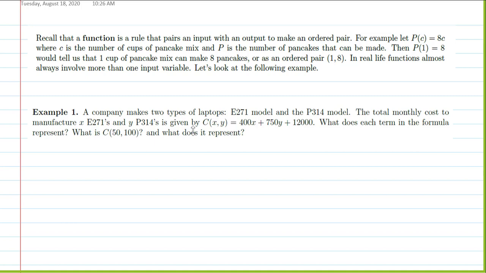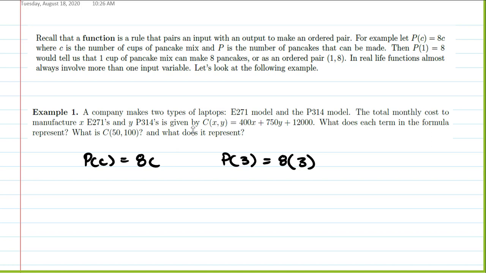So similar to our previous function, if I had P of C, which equaled 8C, as we did above, we had P of 1, but if I did P of 3, that would tell me everywhere I saw a C, I replaced it with 3, right? Well, multivariate functions are going to behave exactly this same way.